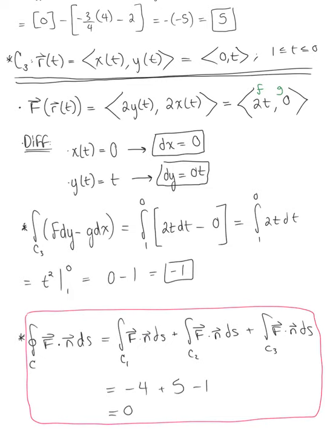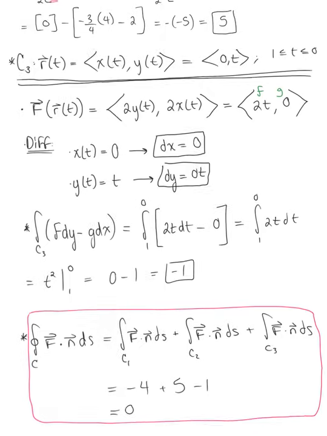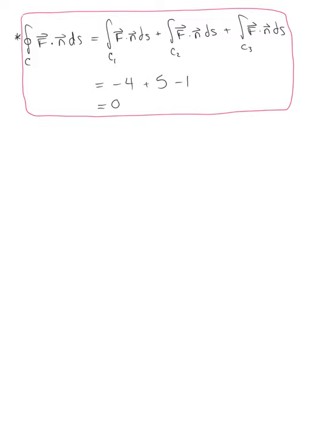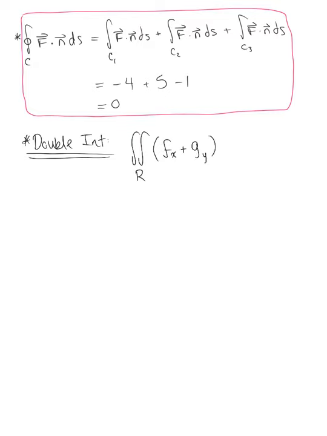So this is Green's theorem using our vector line integrals, which is certainly the longer way to compute this problem. So what we want to do now is quickly look at the double integral of Green's theorem. Our double integral here is the double integral over R of the two-dimensional divergence, the partial derivative of f with respect to x plus the partial derivative of g with respect to y, dA.